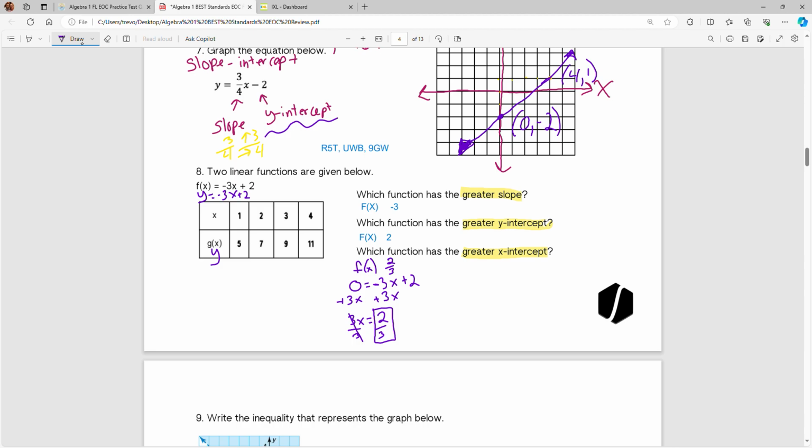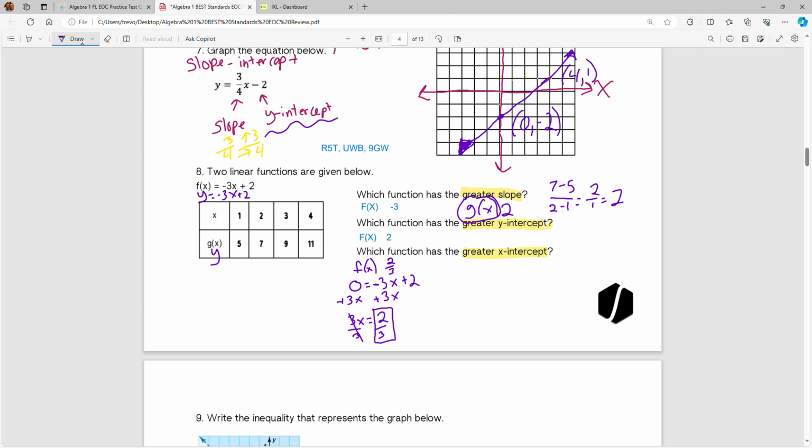For the slope of g of x, change in y, you could do 7 minus 5 with the corresponding x's underneath. 2 minus 1 is 2 over 1. Our slope is 2. So who's got the greater slope? G of x has the greater slope.